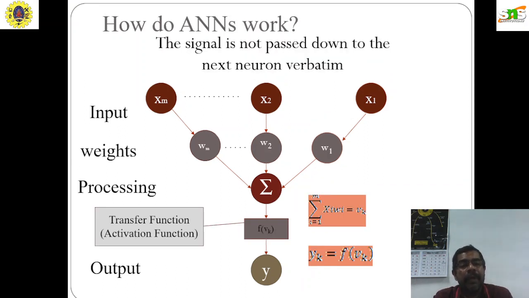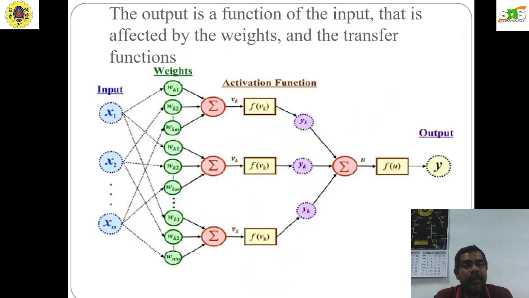This is how the ANN works, but in the transfer function we take the sum of xi wi as vk. So yk, the output, equals f of vk, where vk is substituted by the summation of xi wi for i equal to 1 to m.